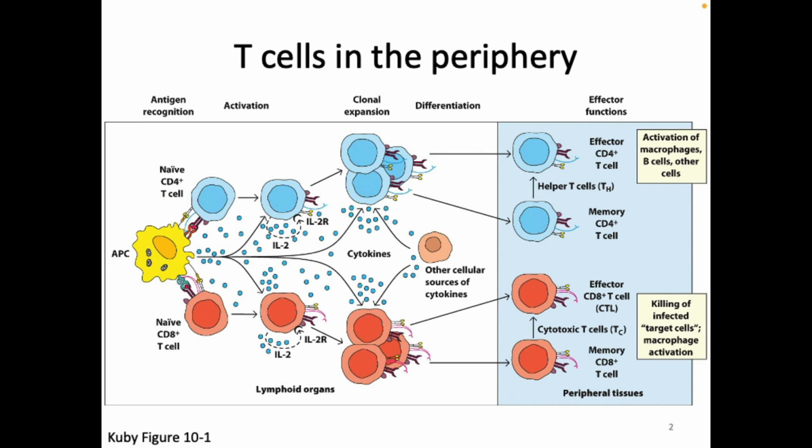And then it is differentiating to be able to have its effector function. That actual differentiation process does still happen in the secondary lymphoid organ, although we don't usually see the cell doing its effector function until that cell is out into some peripheral tissue.